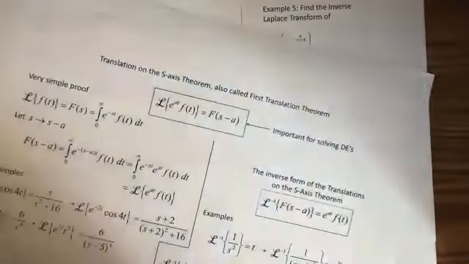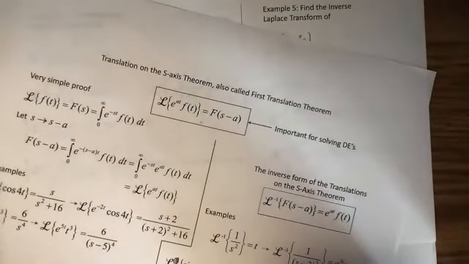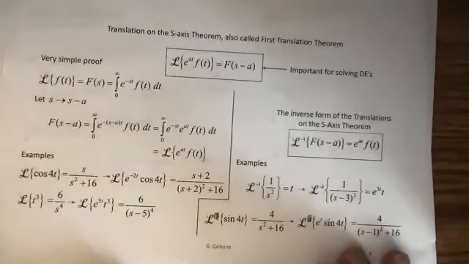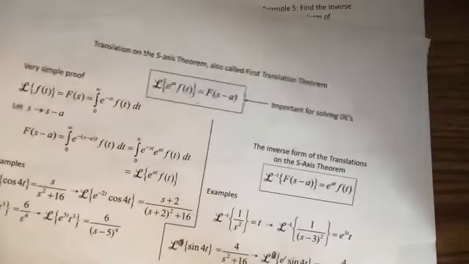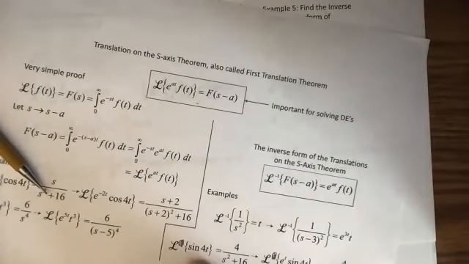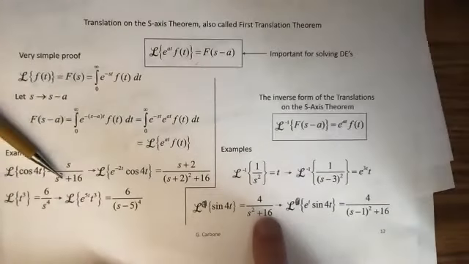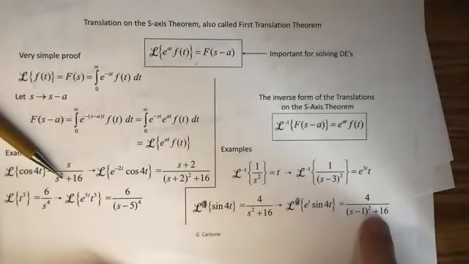There's no I here. Good thing I looked at that. We're taking the Laplace transform here. I'm showing here that this is the Laplace transform of this, and when you take the Laplace transform of this, you get this.